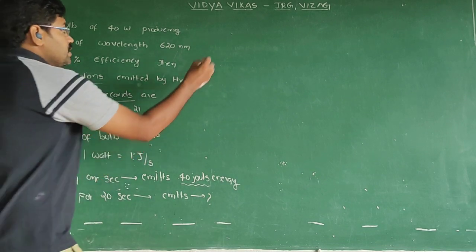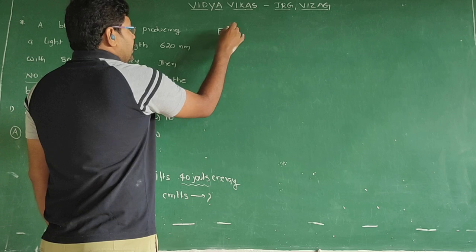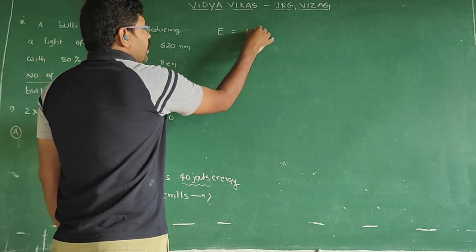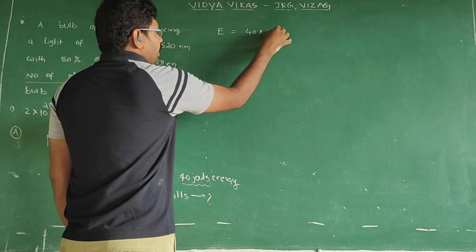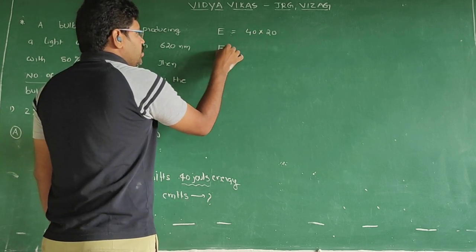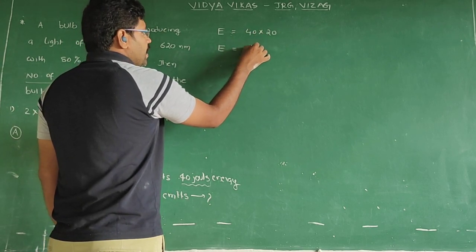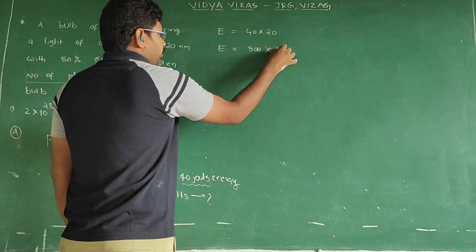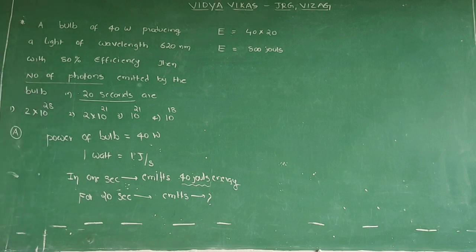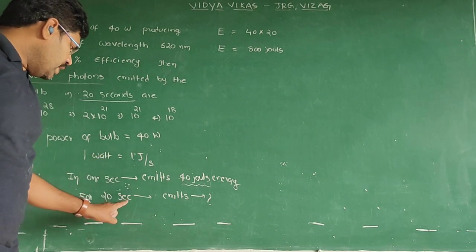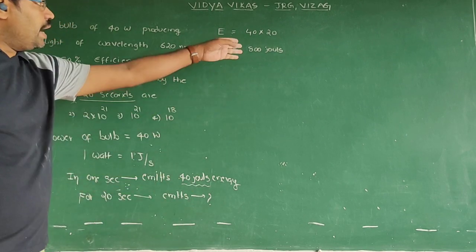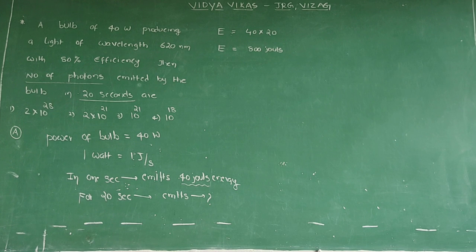Simply, dear students, the energy emitted by the bulb is 40 into 20. So the energy of the light coming from the bulb is 800 joules. Very important: per 1 second 40 joules, for 20 seconds 20 into 40, 800 joules.